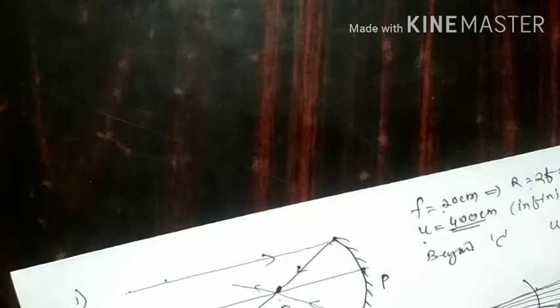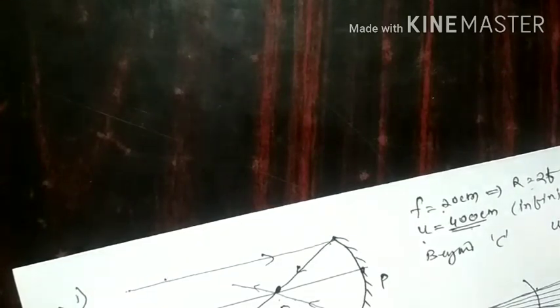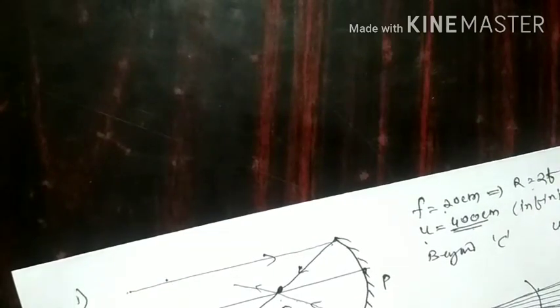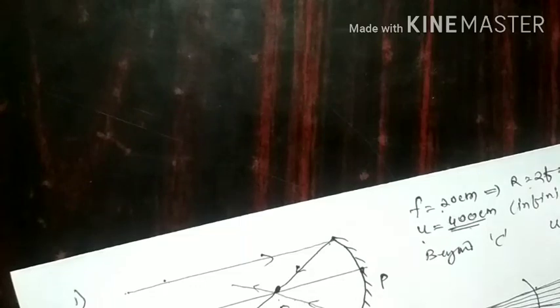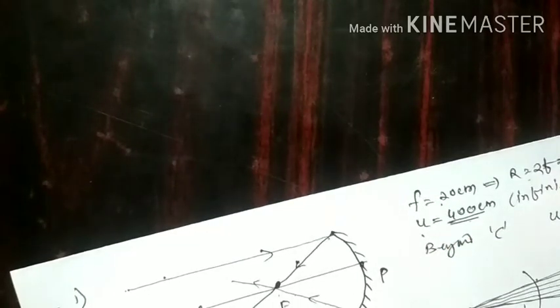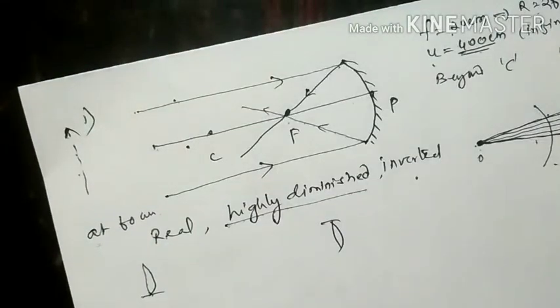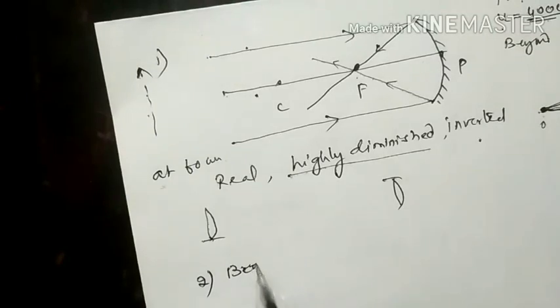Then you put the object at say 100 centimeters or 60 centimeters, so it is almost beyond C. It is not up to infinity. It is just 2 times the distance, but there it is 10 times larger. So whether 60 centimeters or 40 centimeters, it can be taken as beyond C. So the second position is the object at beyond C.